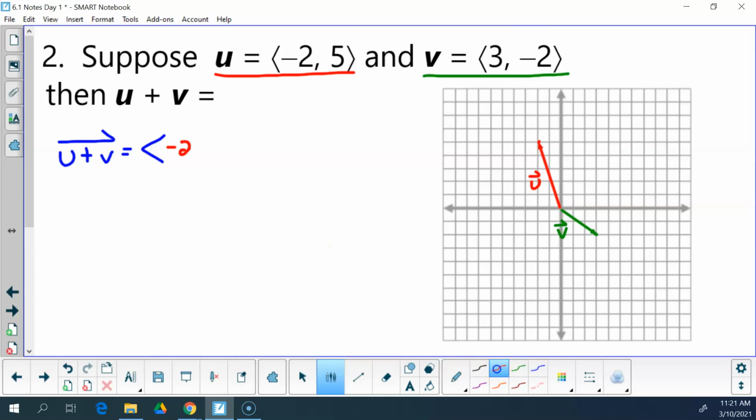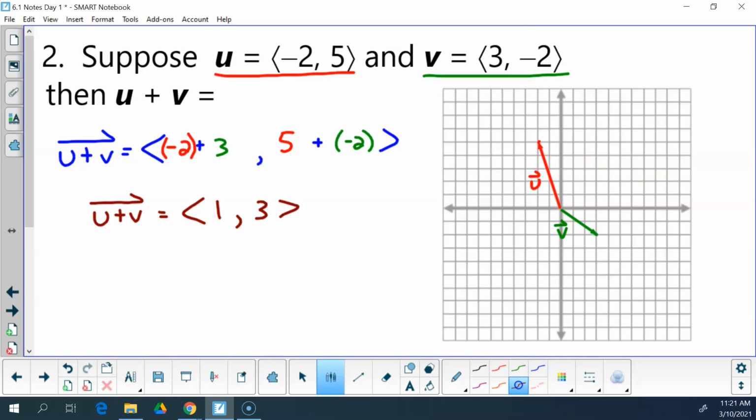So we'd have -2 plus 3, and 5 plus -2. -2 plus 3 is 1. 5 plus -2 is 3.